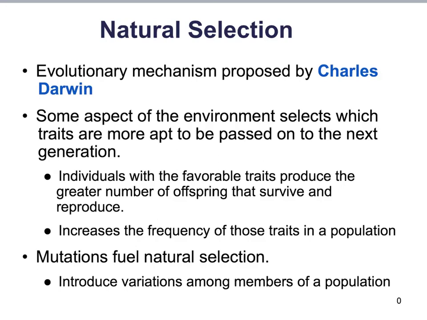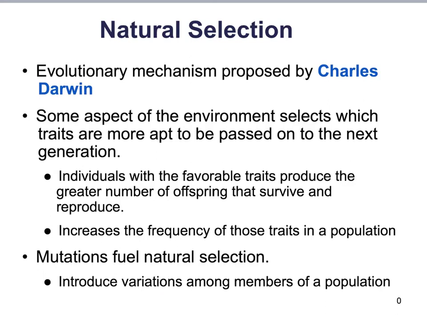Now, we don't focus on natural selection a lot, but it is a very useful evolutionary mechanism that was first proposed by Charles Darwin. Now, some aspect of the environment selects which traits are more apt to be passed on to the next generation. So individuals with favorable traits are going to produce the greater number of offspring that then survive and reproduce again.